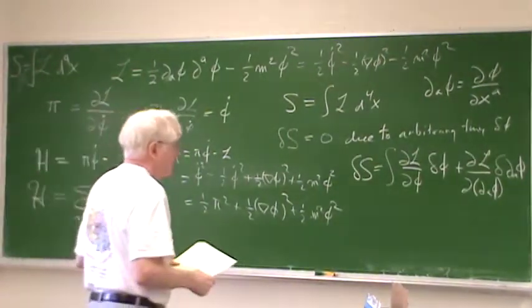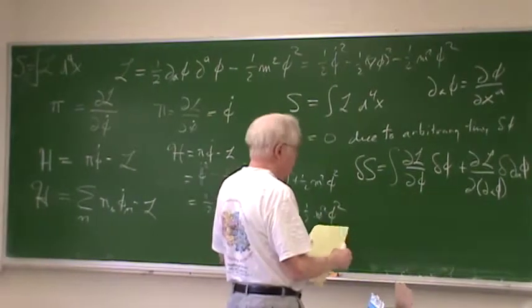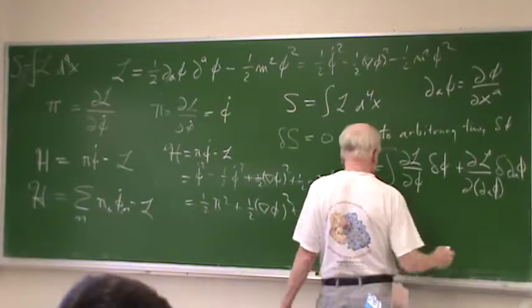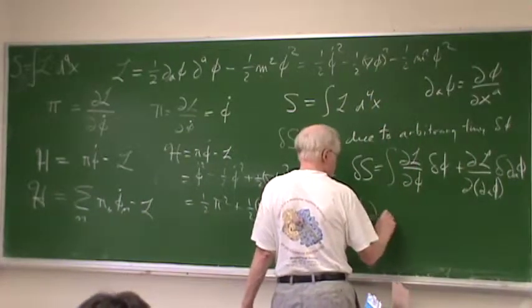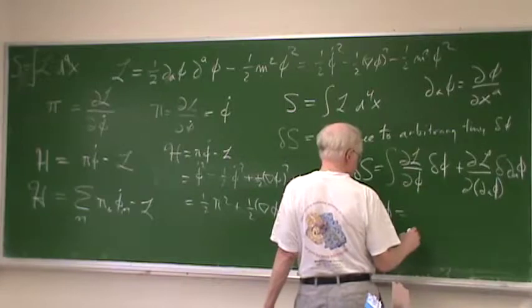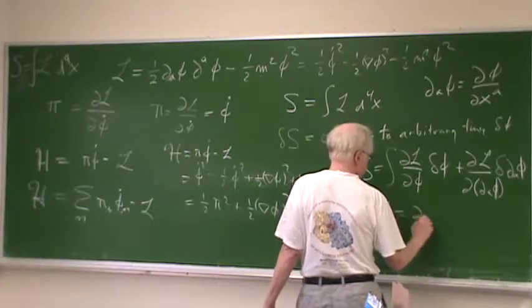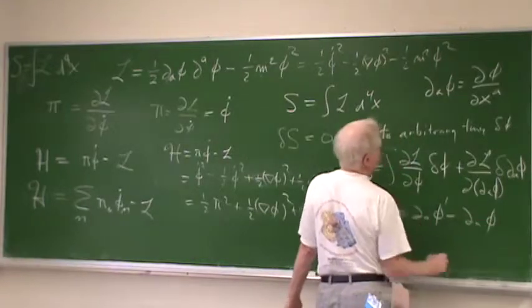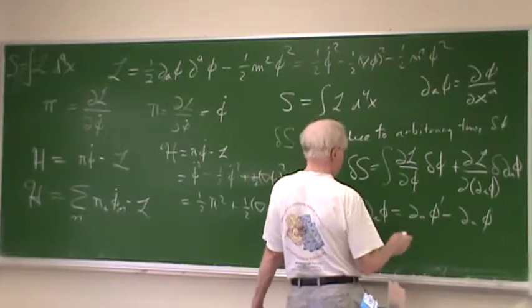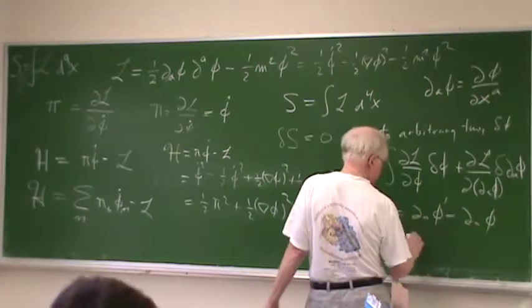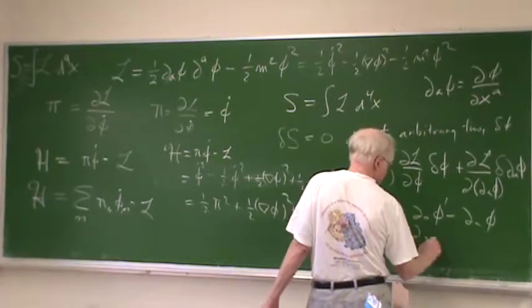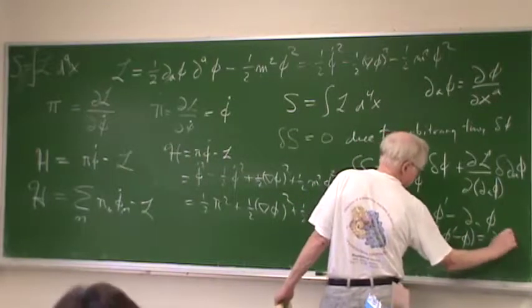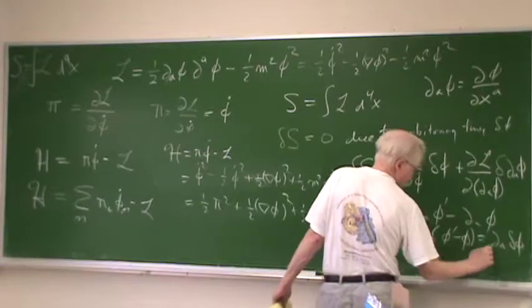All right. Now, what is the change in this derivative? Well, the change in ∂_a φ is ∂_a of φ' minus ∂_a of φ, obviously, where φ' is φ plus δφ. And so this is ∂_a of (φ' minus φ), and that's ∂_a of the change in φ.